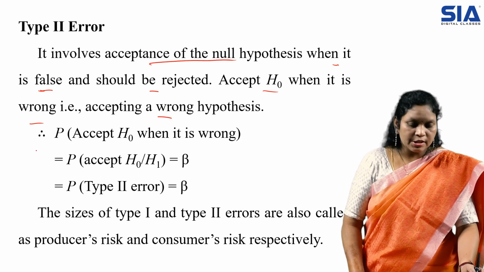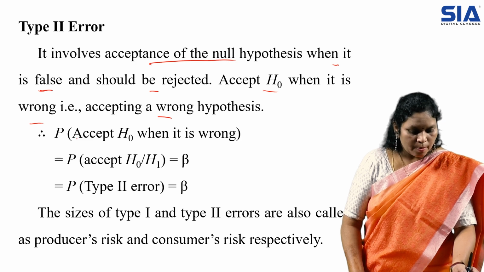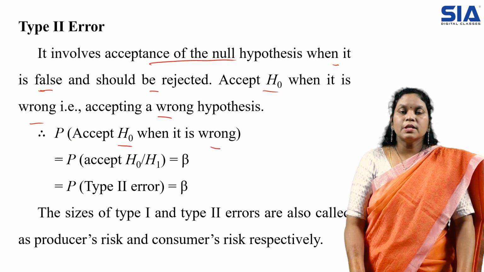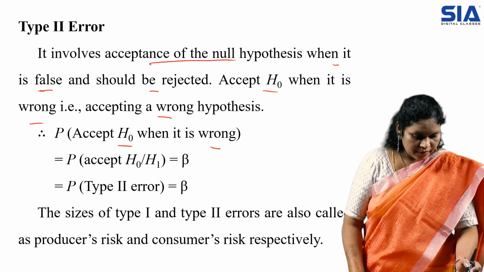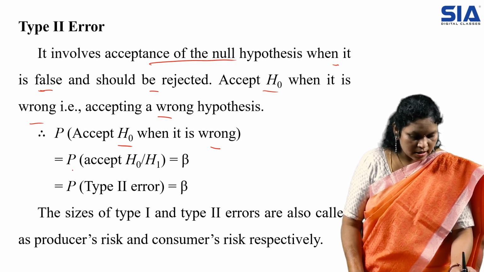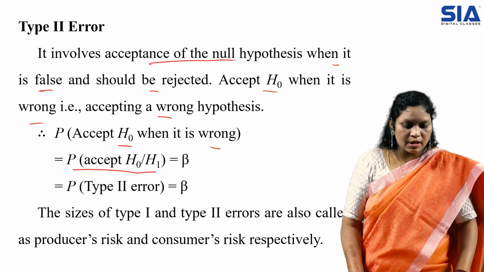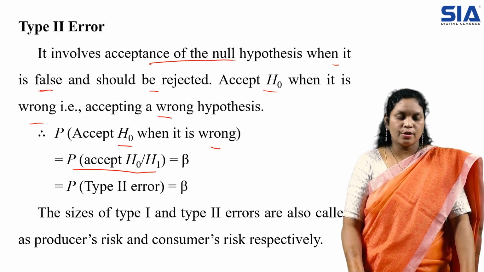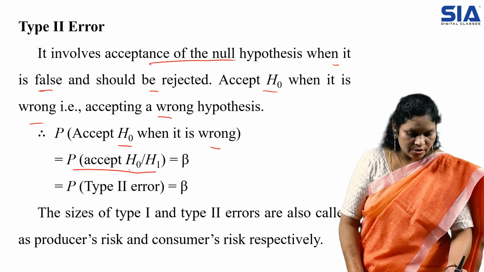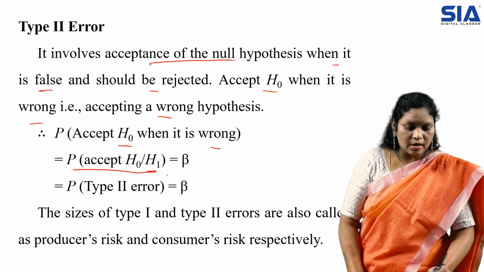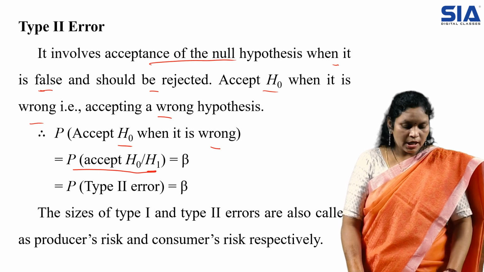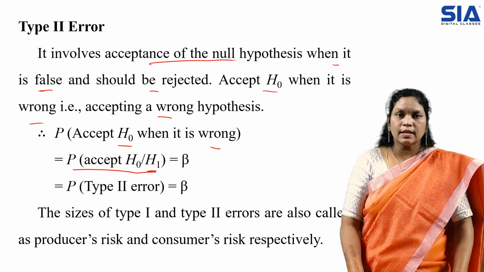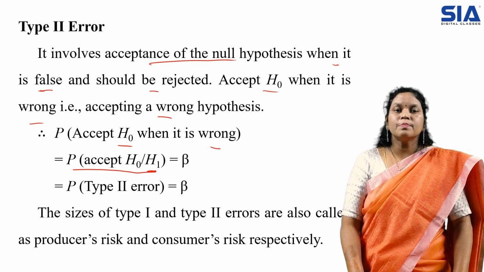Now let us check how the formula goes. The probability of accepting H naught when it is wrong can be written as probability of accept H naught given H1. As said, given means whenever the value is correct we write it there. So here, instead of H naught, I have written H1, because the correct one has to be written under given. We accept H naught, but given H1, H1 is correct. What we have to do is accept H1, right?